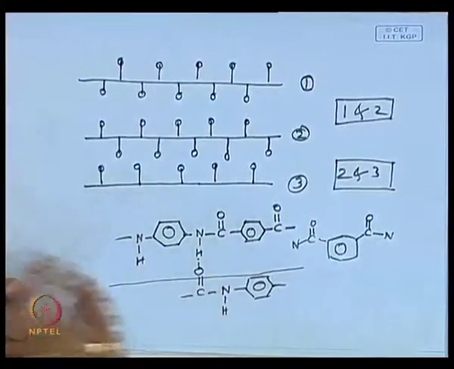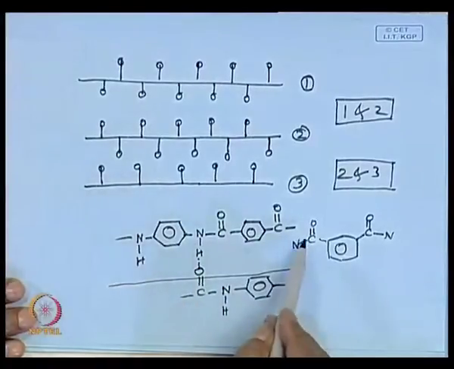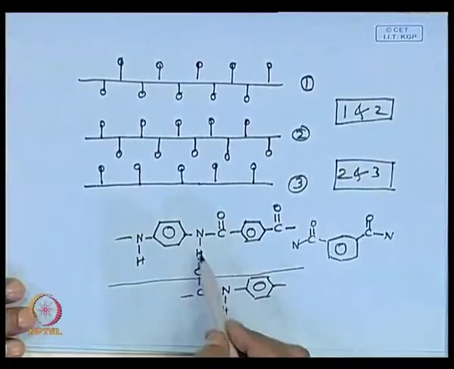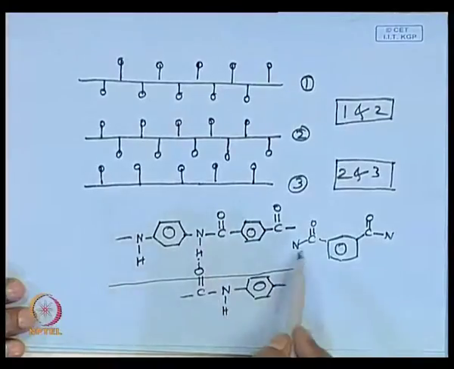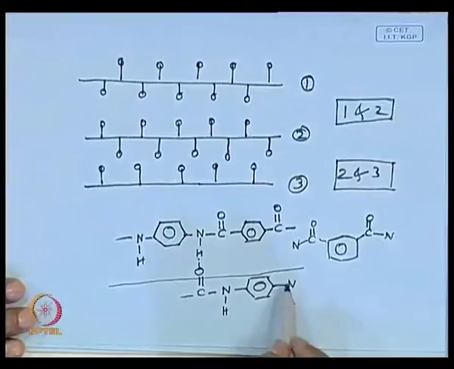Nematic structure. Why? If you critically examine, try to practice in your notebook. You write the formula of this Kevlar polymer, then you write the formula of another molecule, and try to get this oxygen atom close to this hydrogen. Then in the next unit you will have hydrogen either this side or this side.